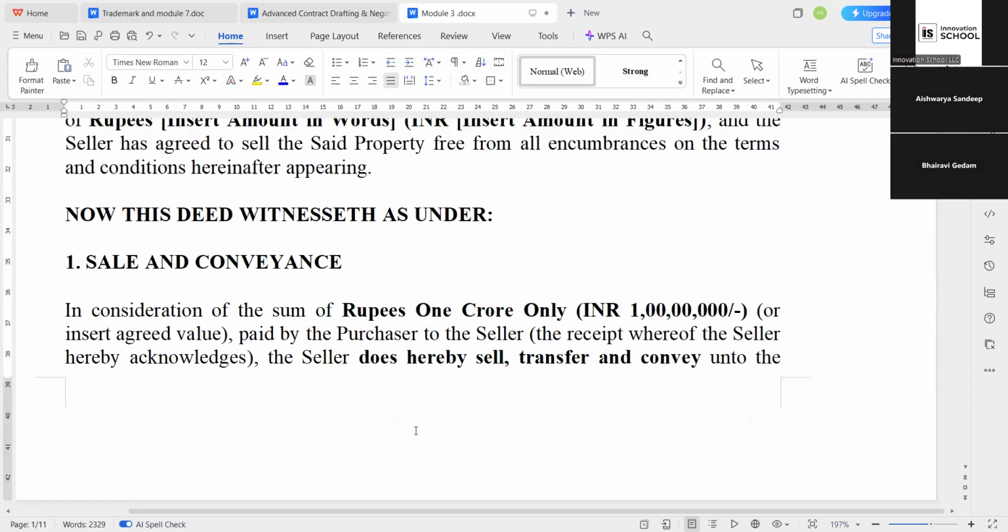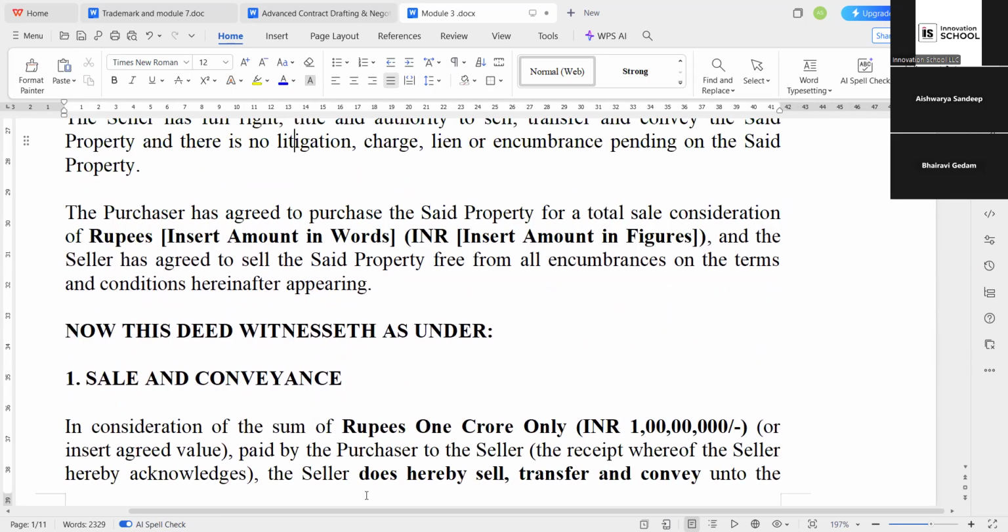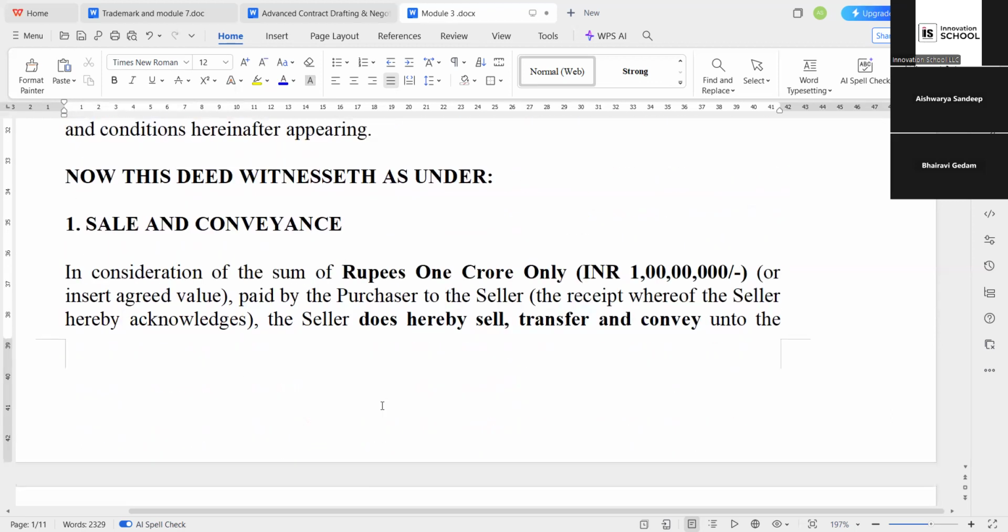So moving further to your next clause, that is your main body clause. You will mention the details of the property. Now, in your whereas section, that is in your recitals, you have given the description of the property. Then you will talk about what exactly your terms and conditions are, under what circumstances or conditions you are selling the property.